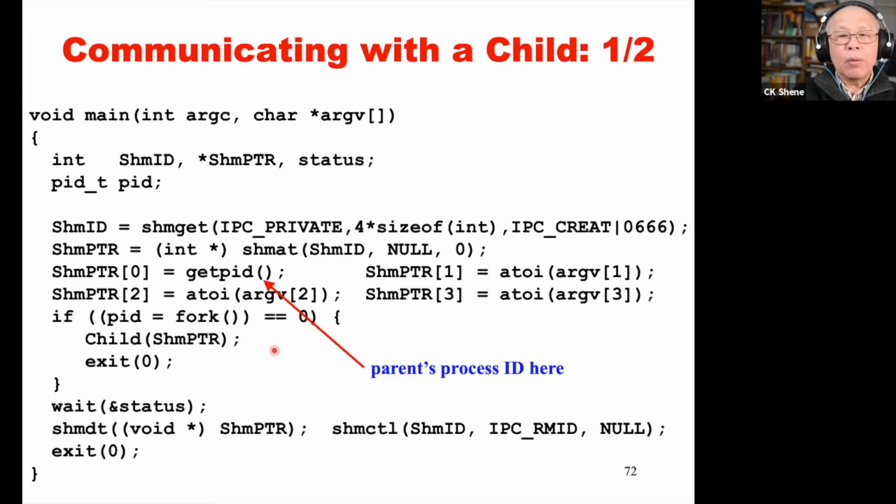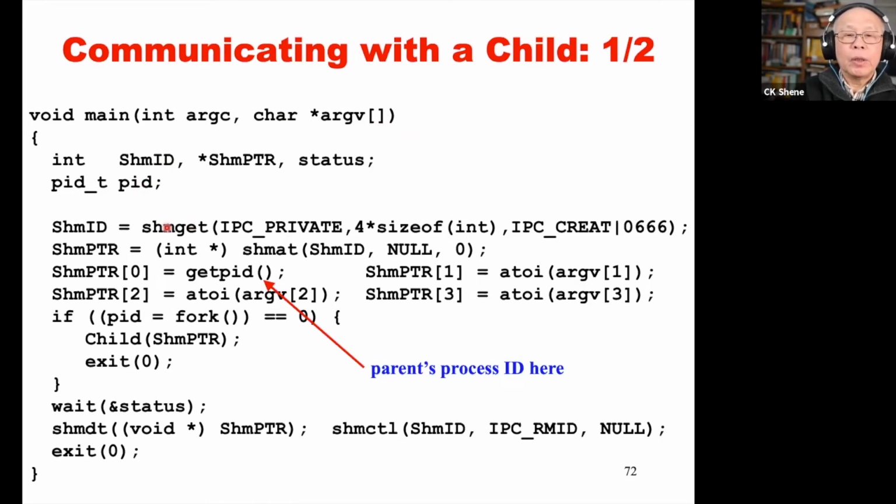Now, let's take a look at a very simple example, but one that also requires you to think. So here, I have a program. Argument counter, argument vector. I have a pointer, shared memory. I have a shared memory ID variable, shared memory pointer, and the status and the PID.